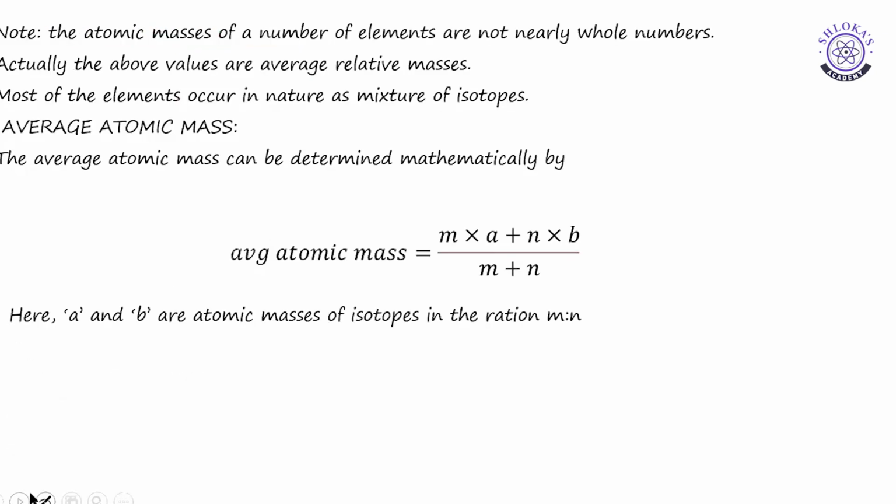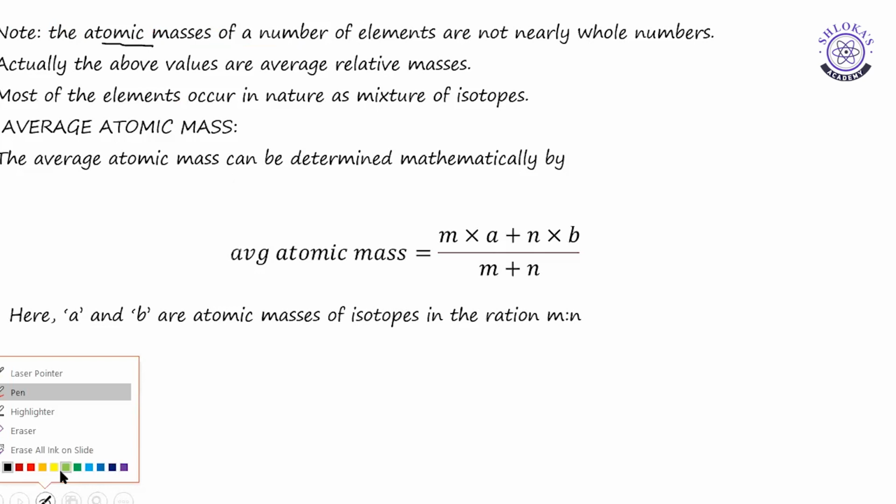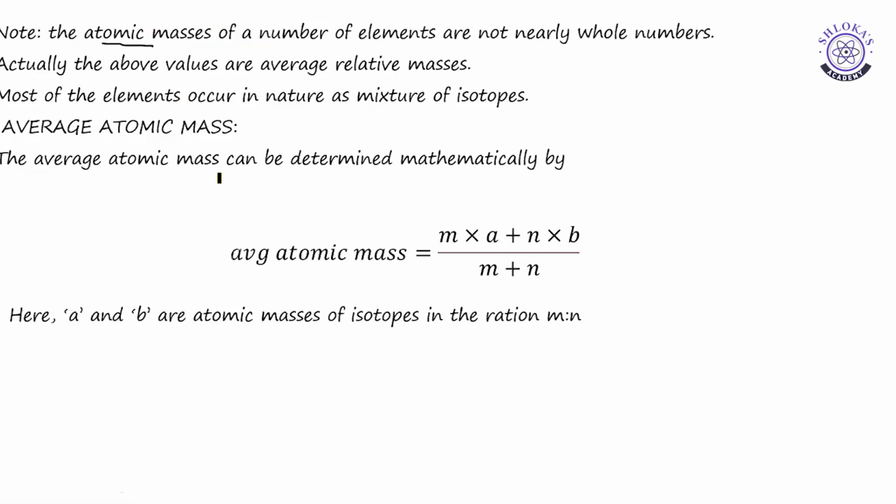So let us come to this one. Actually, the atomic masses of most of the elements, like in the previous slide oxygen, hydrogen and chlorine, are not nearly whole numbers.